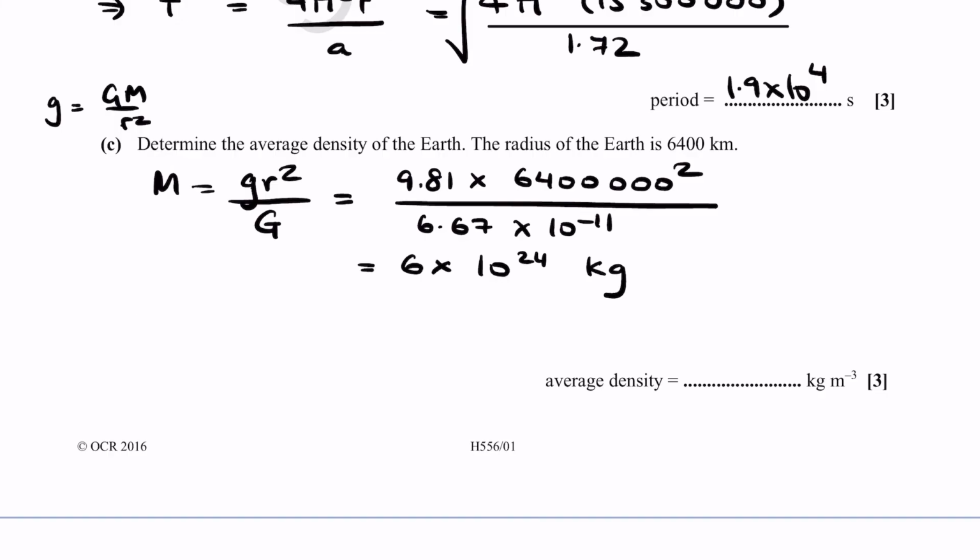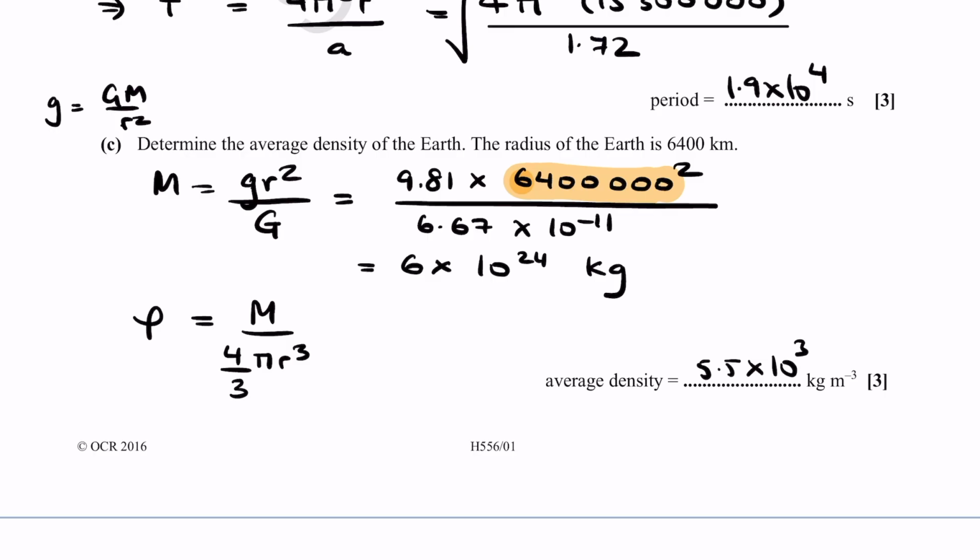So now density is m over volume, which is 4/3 pi r cubed, and again the radius being that, cubing it, you end up getting the density as 5.5 times 10 to the power of 3 kilograms per meter cube.